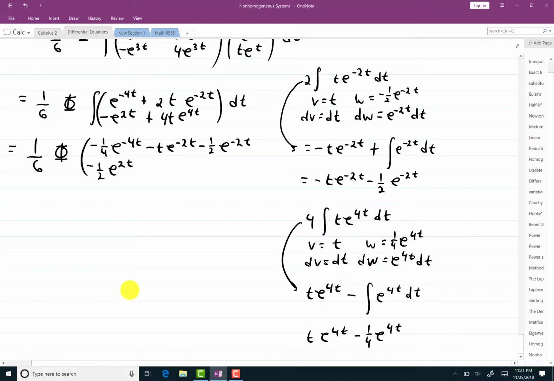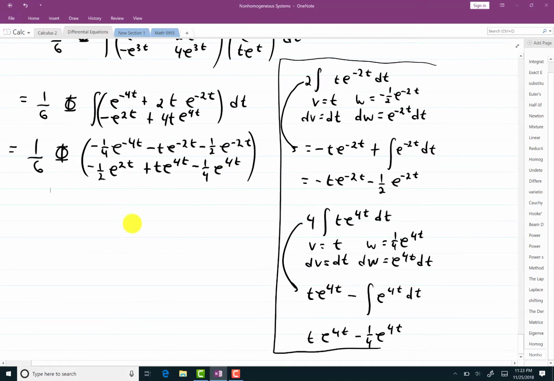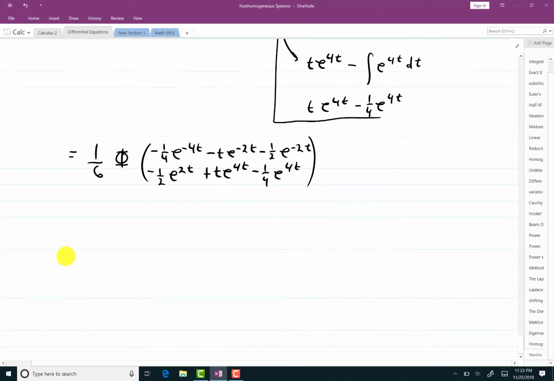So all that stuff is secondary calculation, so I'll cordon it off. And let me go ahead and put this stuff in. Plus t e to the 4t minus 1/4 e to the 4t. Now here, to do my calculations, I am going to need more room. So all this stuff was equal to x sub p. Let me grab it. Remember, this is x p.